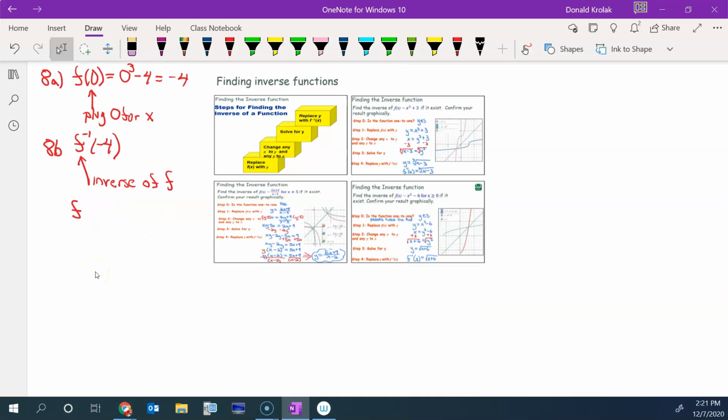To get the inverse, replace f of x with y. This is my original function, and now I'm going to replace f of x with y. Then my next step is to change x to y and y to x.